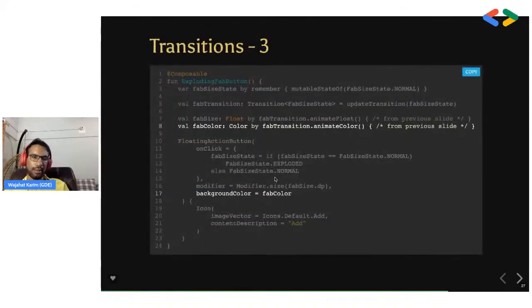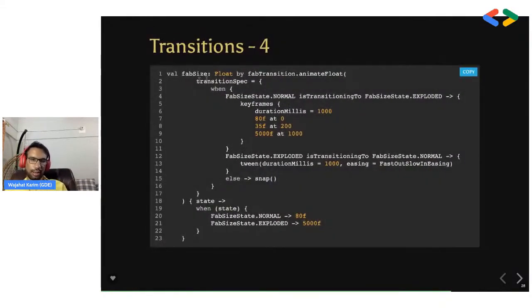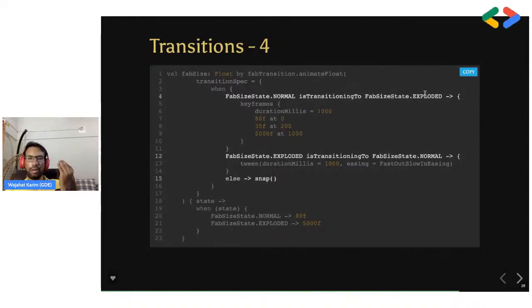Just like in the last example, where we created this fabTransition animateFloat, I can actually pass more things inside. We had this one previously, but now we can add transitionSpec, and in that I can control the whole animation scenario myself based on my requirement. So I say that when normal is transitioning to exploded, let's make it a keyframes animation and define the duration of 1000.